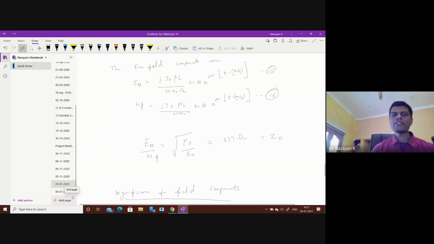So for the radiation resistance of a short dipole, you have to take the modulus value of the far field component of H of phi. All your imaginary components will go.